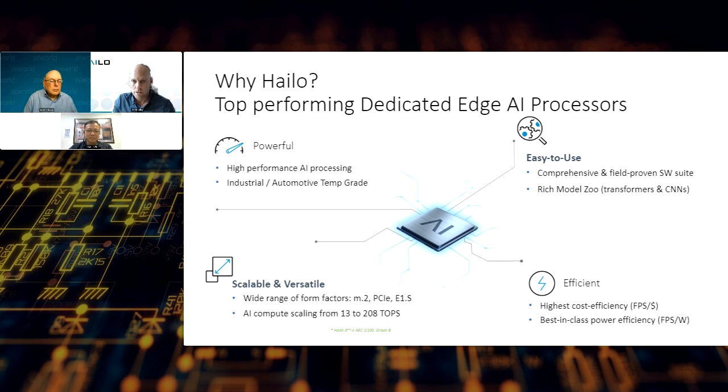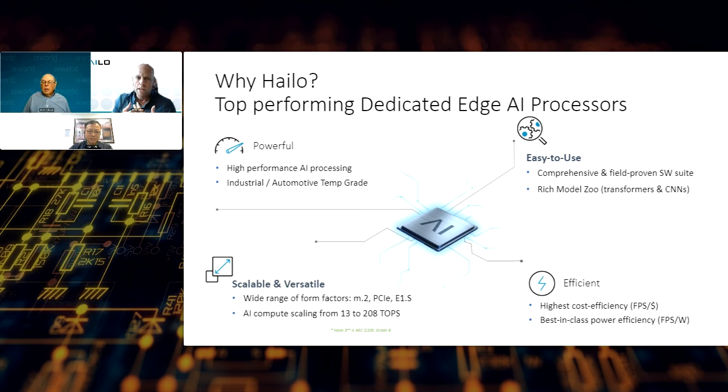What we are focused on are the highest performance, lowest power, or best power efficiency, best cost efficient edge inferencing devices. So we're really purpose built to handle inferencing at the edge. We offer a very significant level of AI TOPS. We haven't really talked about tera operations per second, but that's really how you think about AI performance.